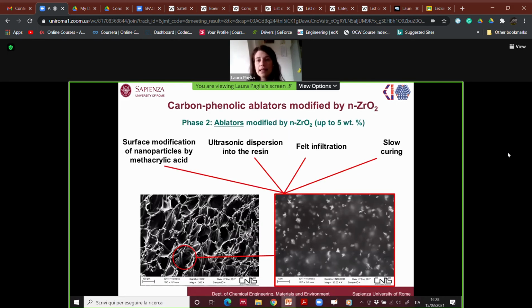After we observed that the nanoparticles can be dispersed well inside the phenolic resin, we also optimized a manufacturing process for the complete carbon phenolic ablator, so carbon felt, phenolic resin, and nanoparticles.